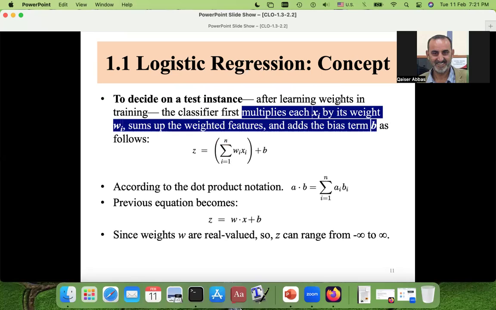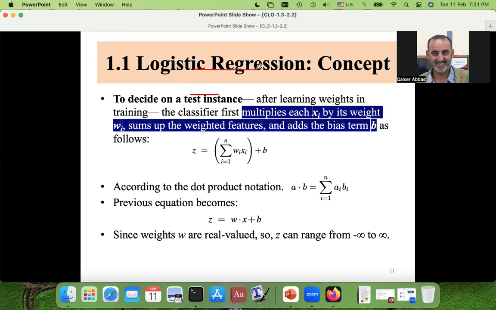If some input is given to the model, how will our model decide? If we give some instance, one example, and we call that example x, which is the input, how will this model decide on it? Now we will go slowly, building some mathematical equations, because we want to understand what logistic regression is. We know that it will do classification, but how?